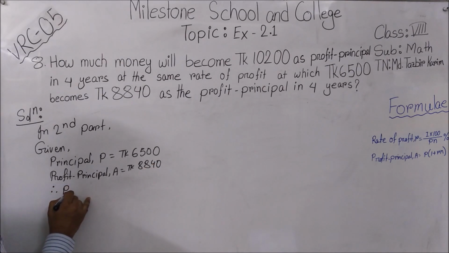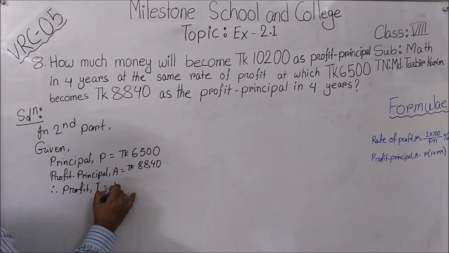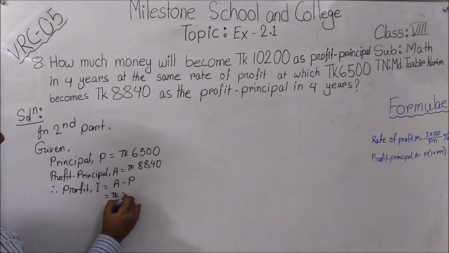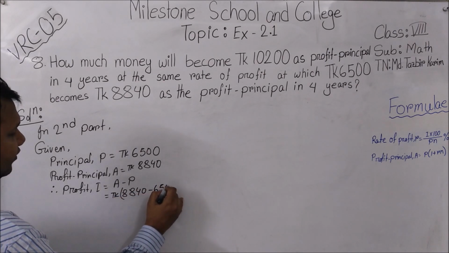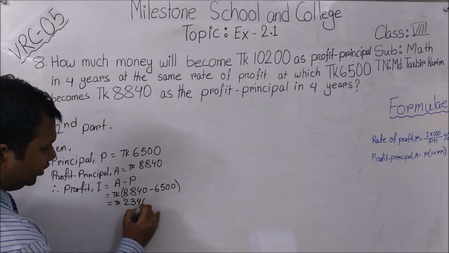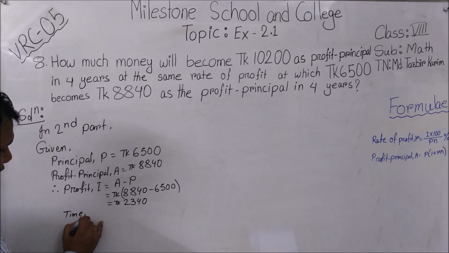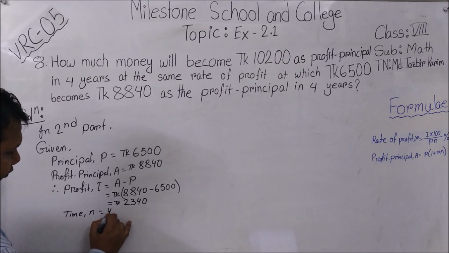Therefore, profit I equal to A minus P, 8,840 minus 6,500, that equals taka 2,340. Time n equal to 4.